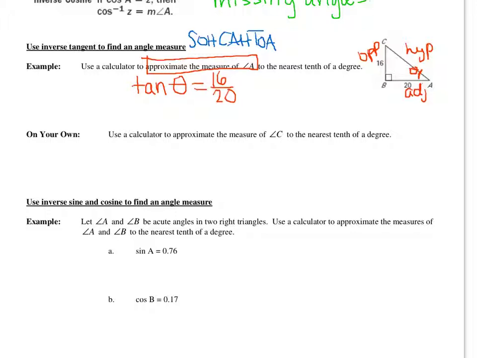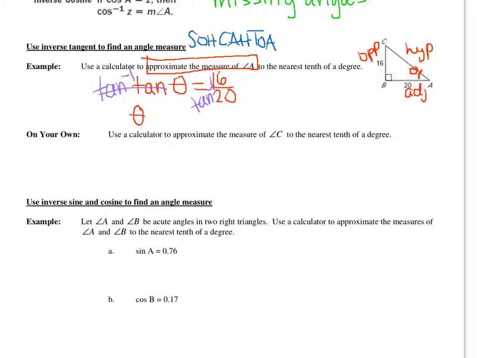If I'm trying to get my theta alone, I need to undo my tangent. So my inverse tangent is what I will use to cancel these out. And just like solving an equation, if I do inverse tangent on one side, I have to do the inverse tangent on the other side as well. So I'm going to do inverse tangent to both sides, and then I'm going to rewrite it and show you what it looks like. So those tangents cancel.